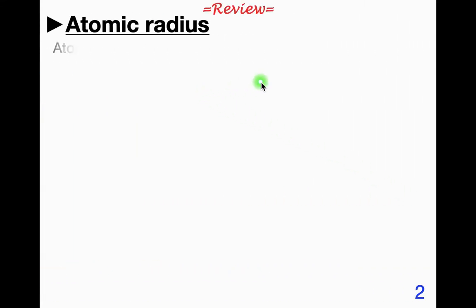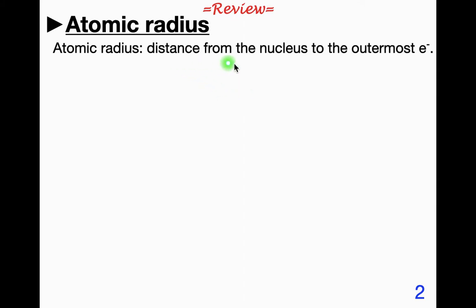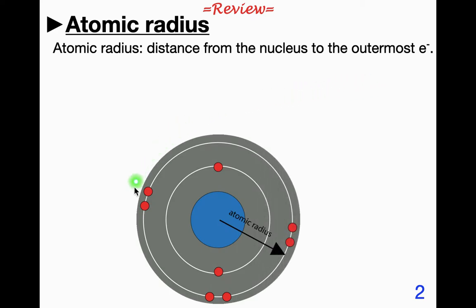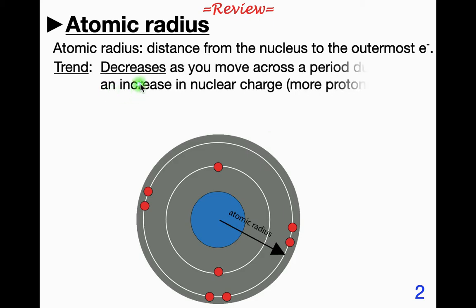First, atomic radius, which is the distance from the nucleus to the outermost electron, as you might guess. So looking at a real simplistic model of the atom, it would be the distance from the nucleus to the outermost electron, wherever that might be. And the trend decreases as you move across a period due to an increase in nuclear charge because we have more protons.